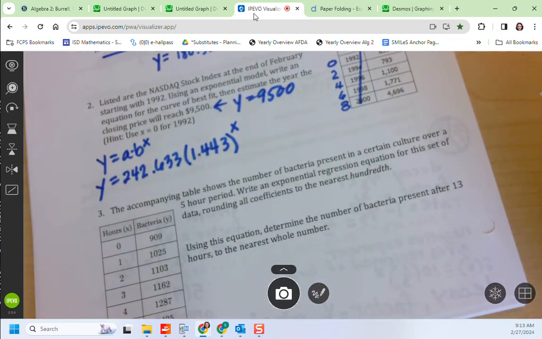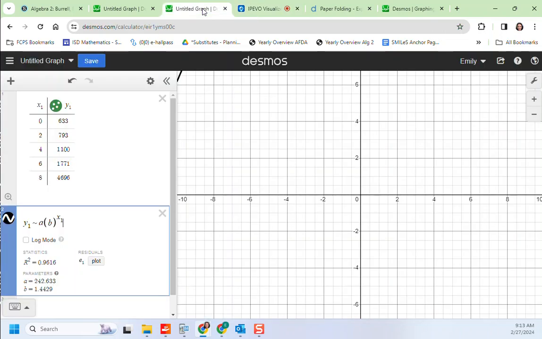Have we talked about logarithms yet? No. Okay. So, because I haven't taught you how to solve with logarithms today, we're going to solve this graphically. But on another day, in this unit, we're going to learn about logarithms, and you'll be able to solve it algebraically. Okay? So today, we're going to solve it graphically by putting y equals 9,500 into our graph.